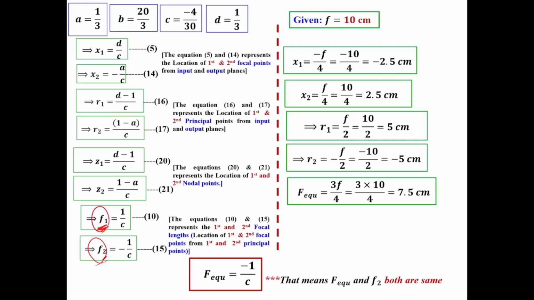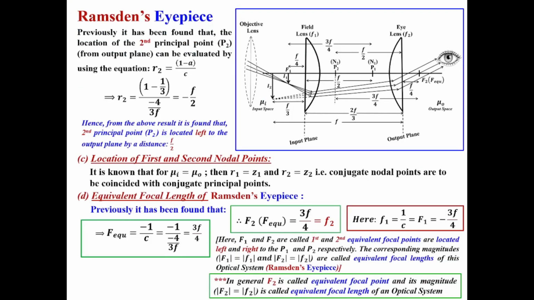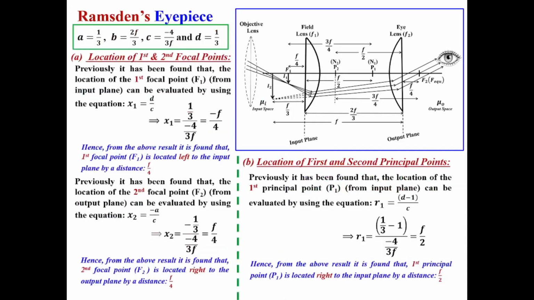This f1 represents the first equivalent focal length of this optical system, and this is the second equivalent focal length of the optical system. So here, by using these values a, b, c, d and these equations, we can straight evaluate the cardinal points. Here we found the cardinal points equations for the Ramsden eyepiece.